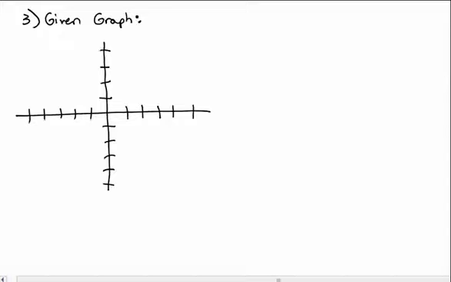Let's see. Let's do some key points at 0, 2. We'll do an X intercept here at -1. We're also going to do a key point here at 3, 1. And I'm going to put a vertical asymptote at 2.